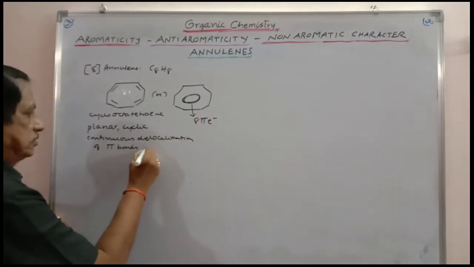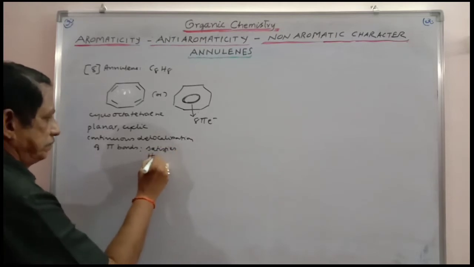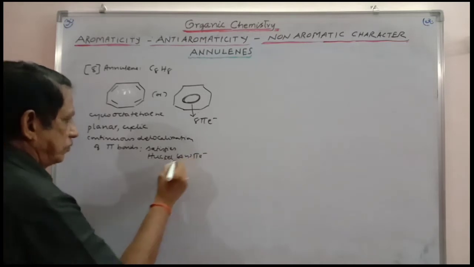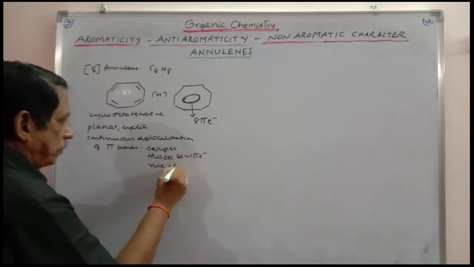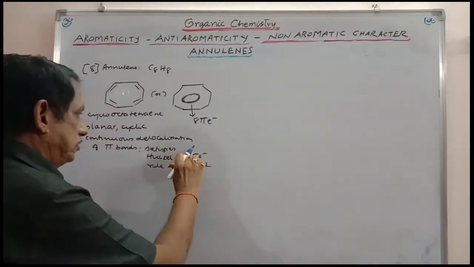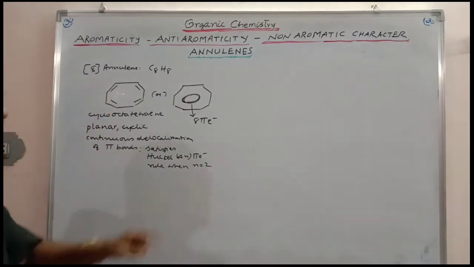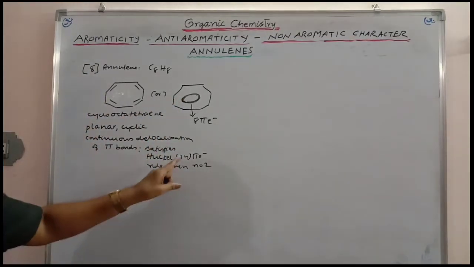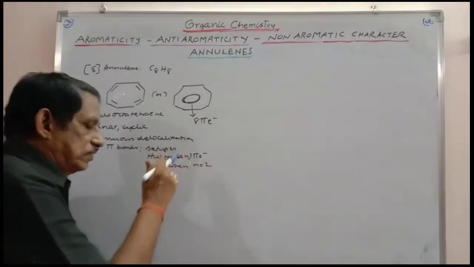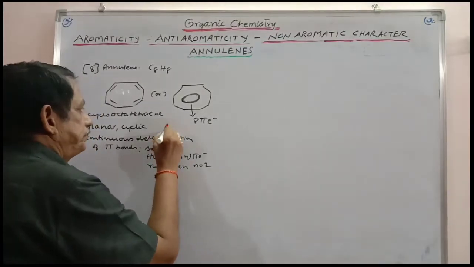It satisfies Huckel 4n pi electron rule when n is equal to 2, with 8 pi electrons. That means, as it is satisfying Huckel 4n rule, it should be anti-aromatic.